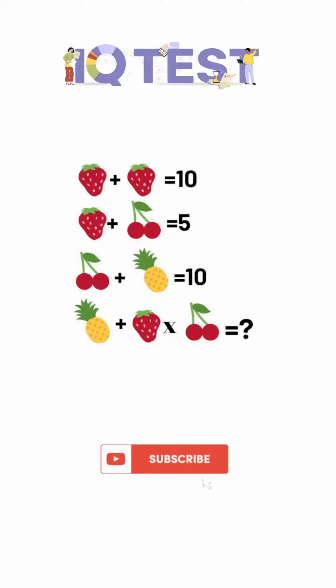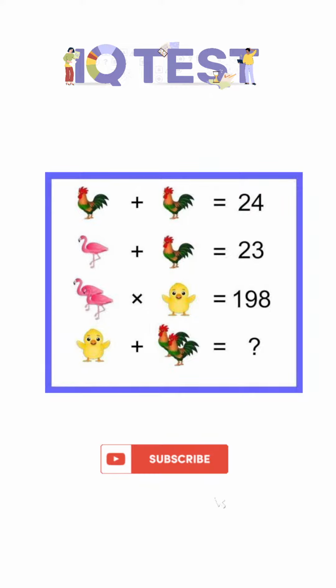Zaman is having 10. What do you have? Delena is also having 10. Awesome. That is true. Let's look at the next one.